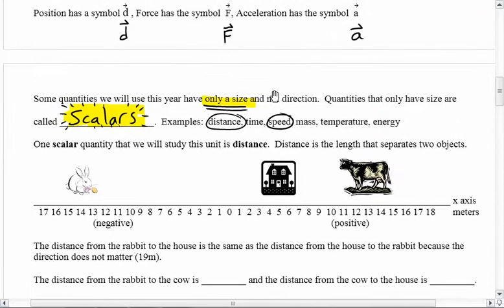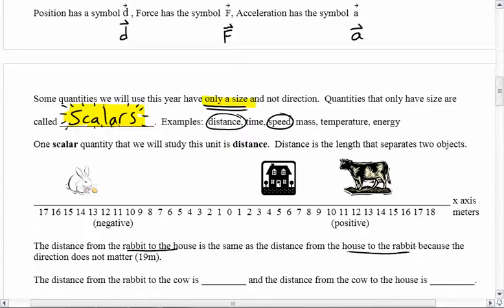Today we're going to be looking at distance and position. Distance is just the length between two objects, and it doesn't matter which direction you're measuring. The distance from the rabbit to the house is the same as the distance from the house to the rabbit. It doesn't matter whether you're going to the left or going to the right for distance.